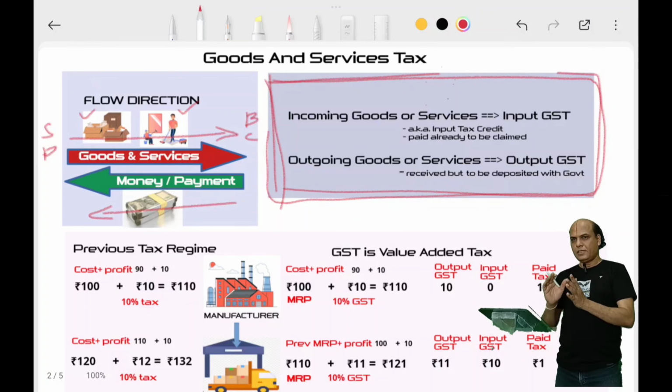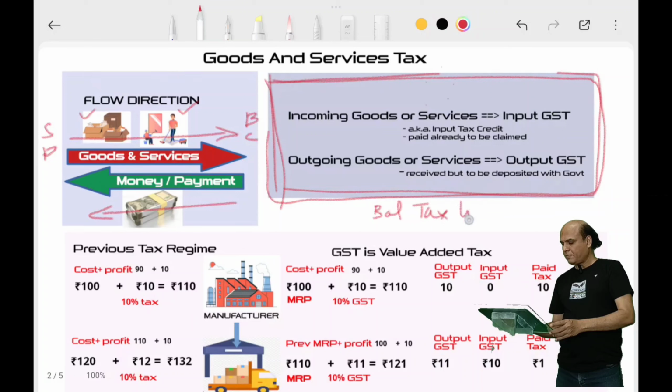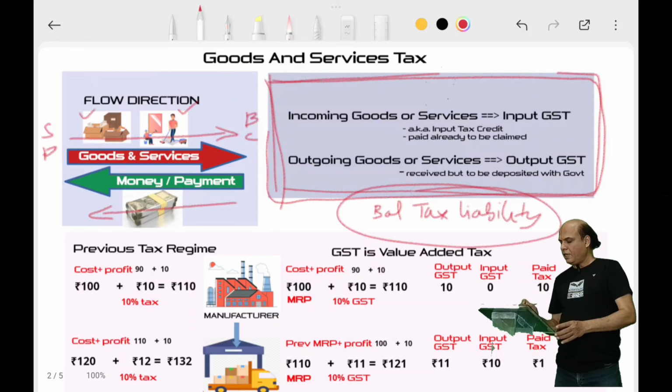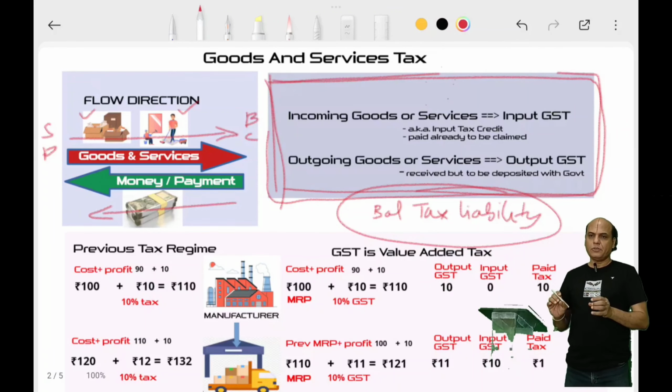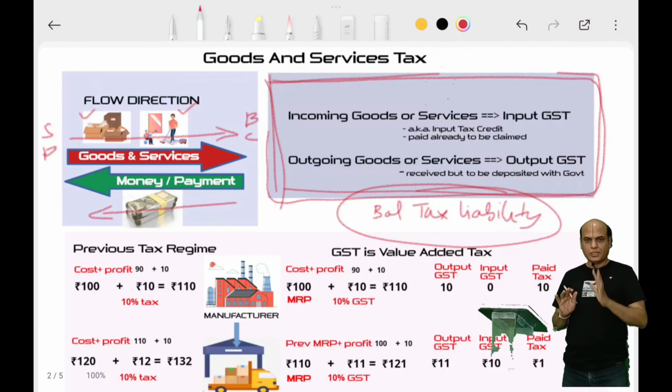This balancing of input and output, output GST minus input GST, will be called balance tax liability. This the taxpayer has to pay to the government. So that is his liability. Did you understand? Clear?